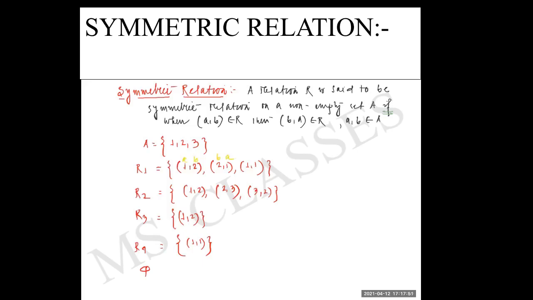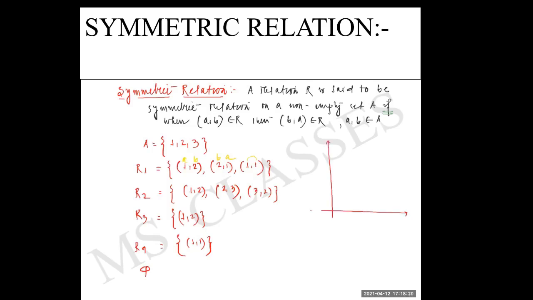And since a and b are equal in (1, 1), you cannot expect another (1, 1) in the relation, because in a relation we cannot have an element repeated. But what we observe is that when you have (a, b), you have (b, a) also. So definitely it is symmetric. You can see it in another way, children.